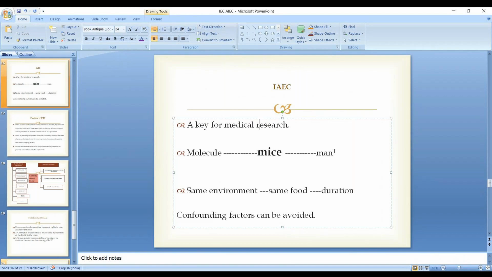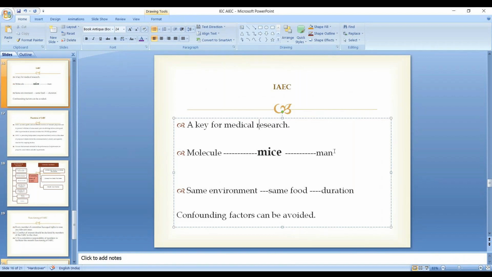Why are the animals very important? You must have come across confounding factors. In human studies, we find so many confounding factors. Everybody has a different environment. Someone needs air, someone does not. Someone will drink hot water, someone cold water, someone fridge water.